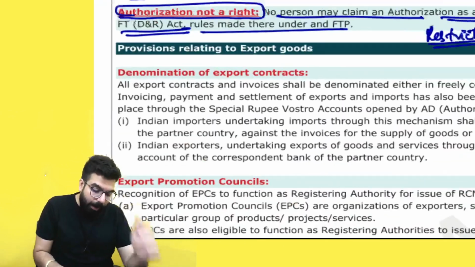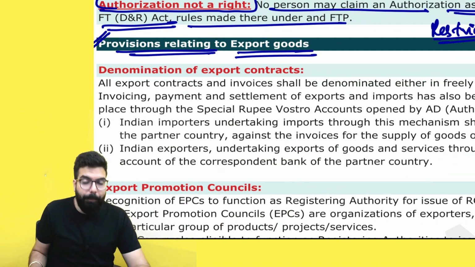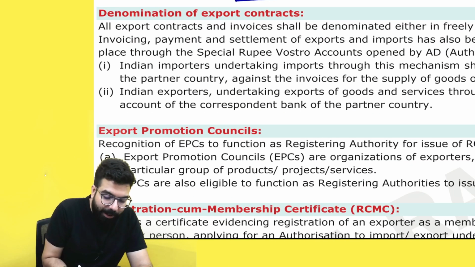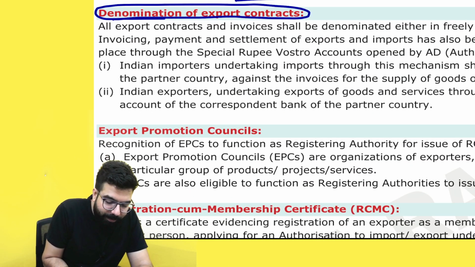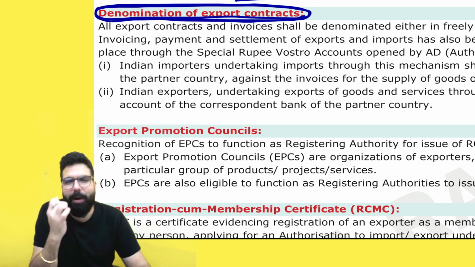Now, the next one over here is provision relating to export goods, denomination of export contract. Last time, this was introduced and they had provided it in detail.